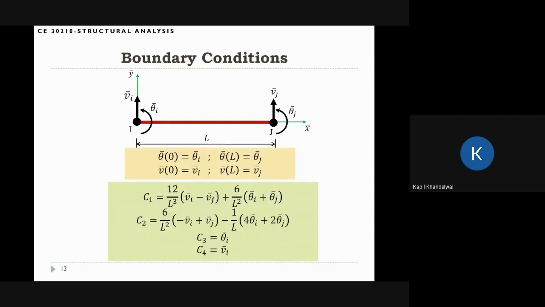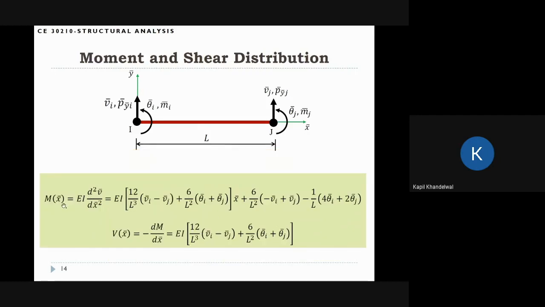Once we have these, we can do all the other calculations that are needed. In this case, we are interested only in the forces at the 2 ends, i and j. To get the forces, we first calculate the moment. Moment is EI d²v/dx². If we substitute the expression for v, we get this relationship here.